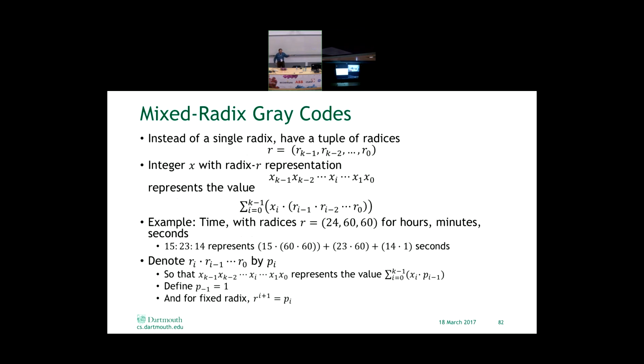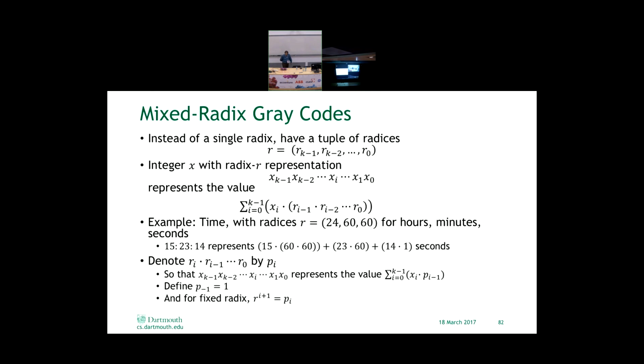All right, so it turns out to be pretty convenient to denote the product of radices. If we take radices 0 through I, we're going to call that p sub I, the product of radices 0 through I. So p sub I actually has I plus 1 factors in it, so that we can rewrite our representation as just the sum of x sub i times p sub I minus 1.